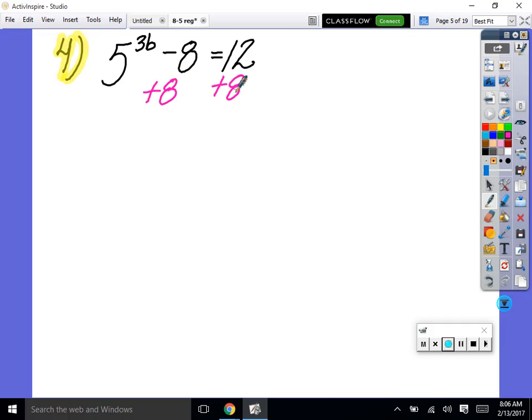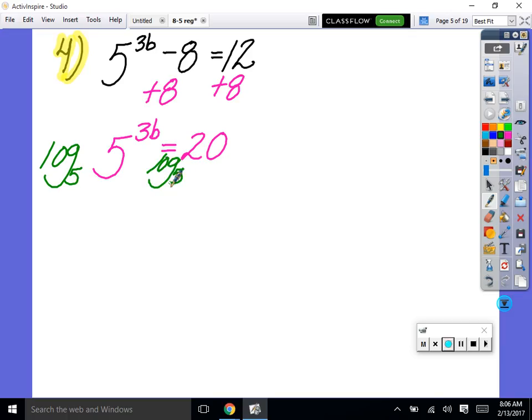Okay, so we have here 5 raised to the 3b equals 20. Now, can I divide by 5? No, because it's a base 5. So the only way to undo base 5 is to apply the logarithm that will undo the base 5. So log of the base 5 of both sides of the equation. So log of the base 5 and base 5 cancel out.